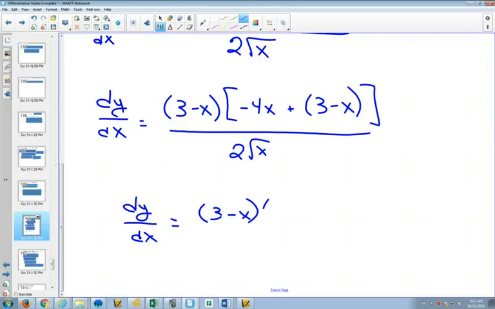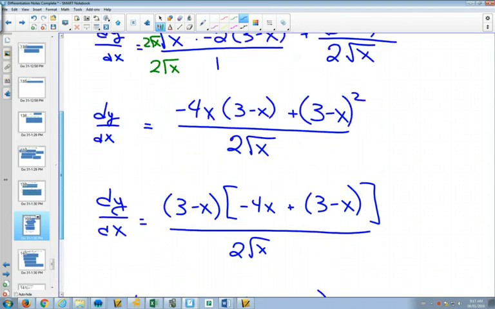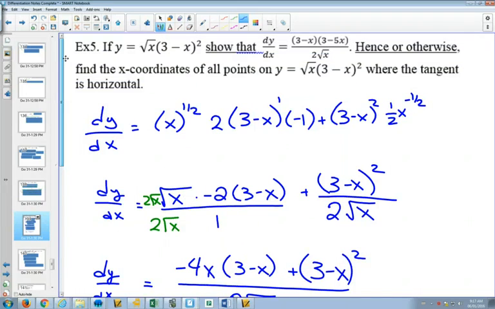And minus 4x minus x will give me 3 minus 5x over 2 root x. So we were able to show that it was equal to what?